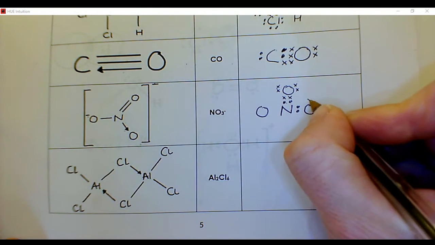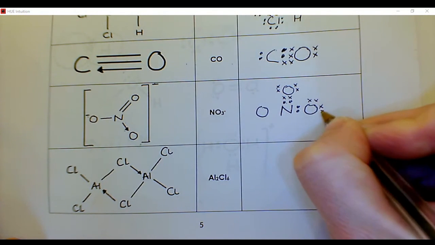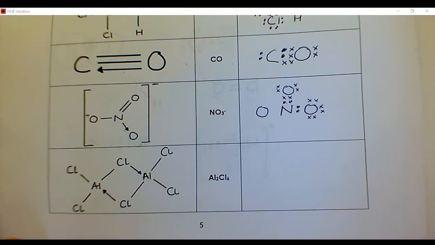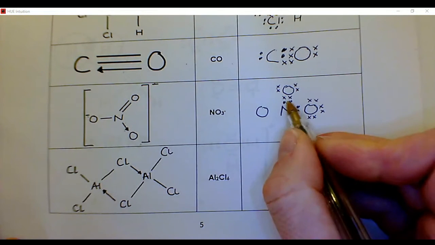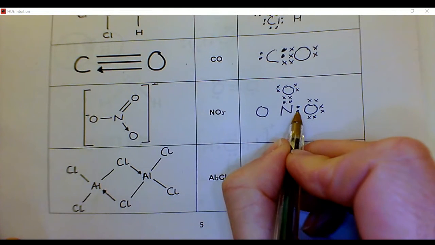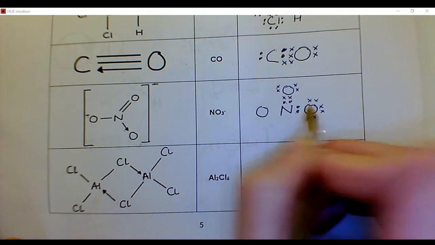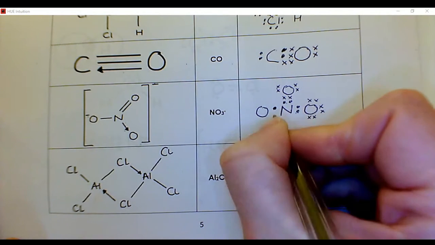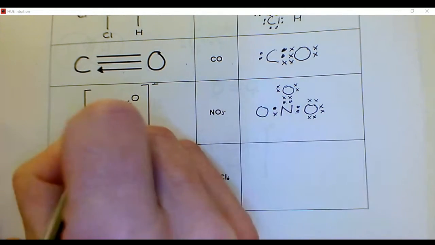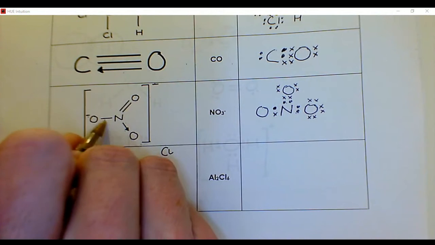Now I've got 6 left on oxygen. So you can see that it has actually managed to get 8 electrons in its outer shell by sharing both of nitrogen's. Now nitrogen has 1 electron left. We've used 4 of the 5, so it's definitely going to be here. And it's a regular covalent bond, no arrow.